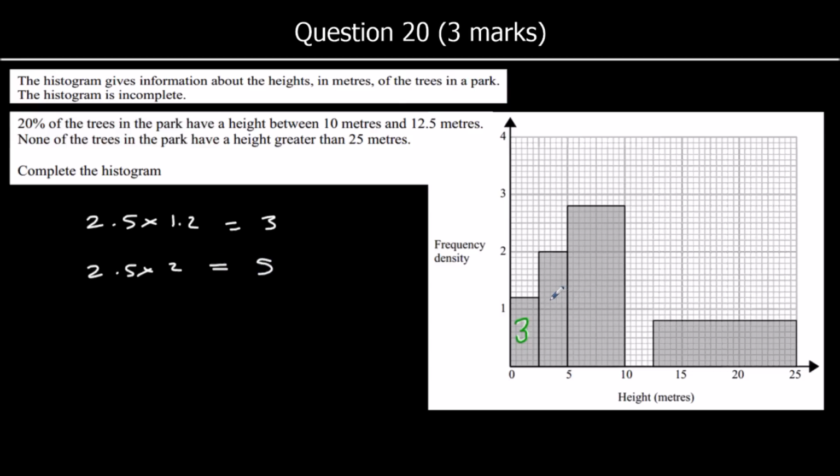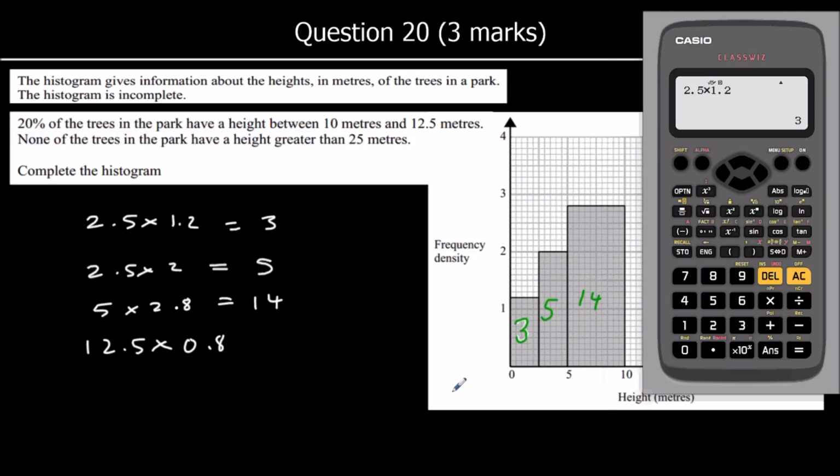So the second bar's got an area of 5. 5 times 2.8, that will be 14. So this one's got an area of 14. And the last bar, it's 12.5 wide. Its height is 0.8. 12.5 times 0.8 will be 10.